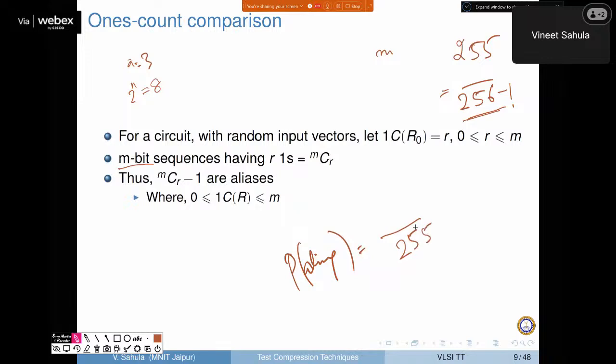So faulty signatures are 255 and 7 of them are matching with the correct one. So these are called false positives. They are falsely characterized as correct circuits. Whereas we are looking at the total faulty circuits. So out of total faulty circuits 255, 7 are classified as correct ones. So that is the probability of aliasing. Is it okay, Sai Kumar?